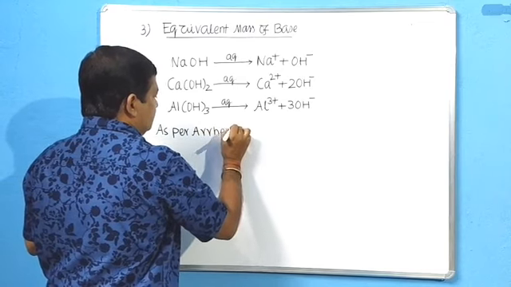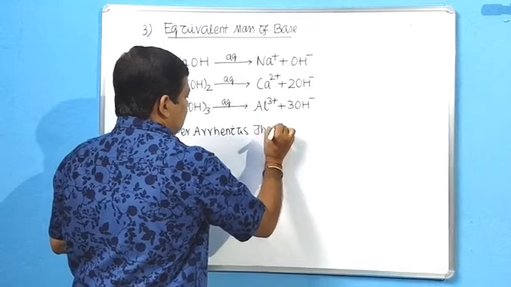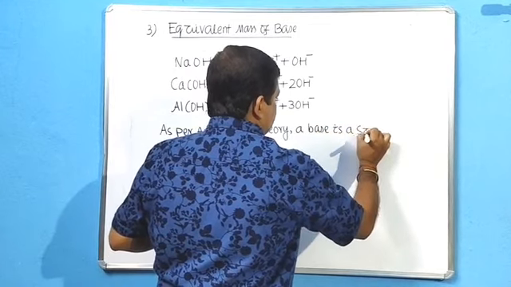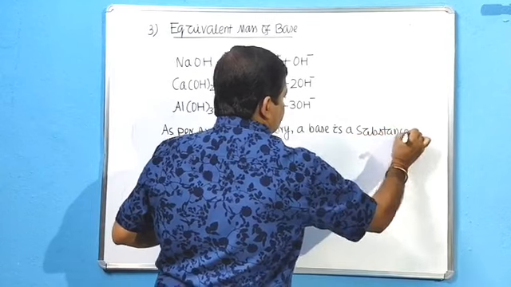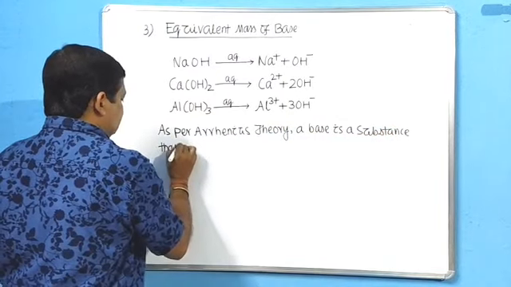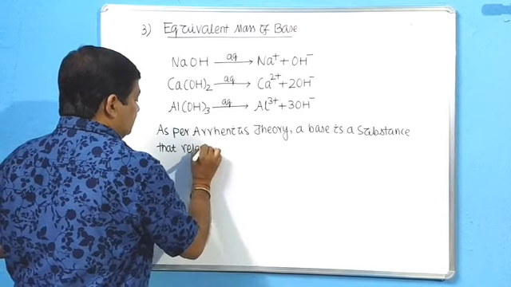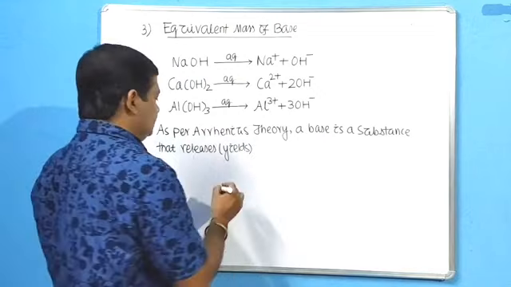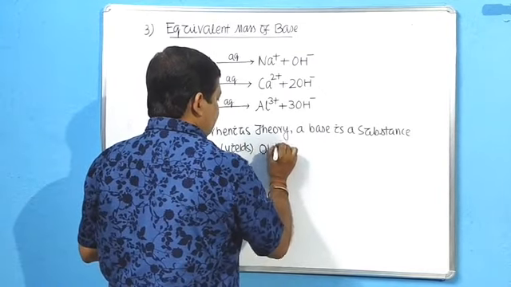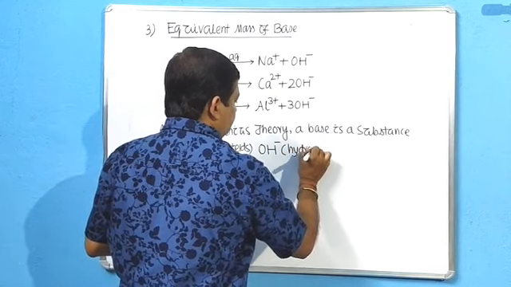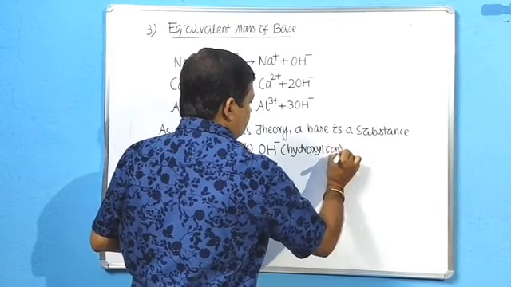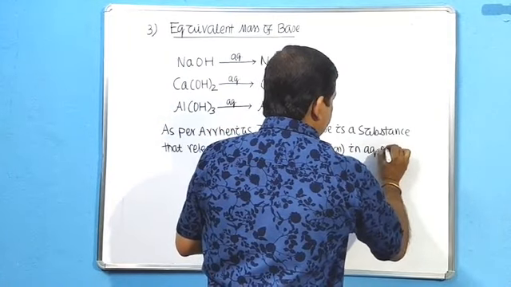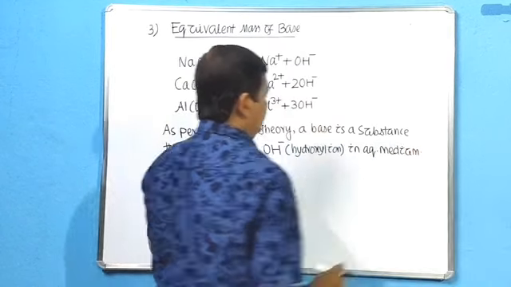As per Arrhenius theory, a base is a substance that releases or yields OH minus, that is hydroxyl ion, in aqueous medium.